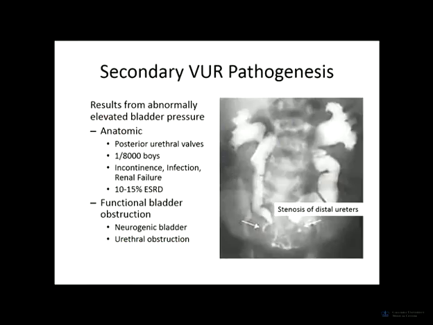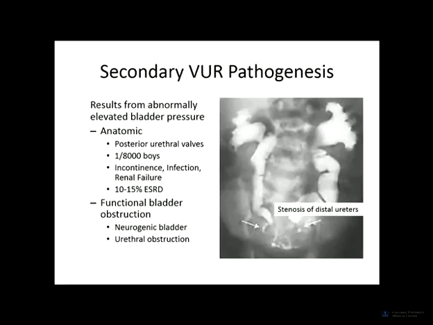This is secondary reflux, and usually this results from an abnormally elevated bladder pressure. So anatomically, in young, usually boys, there's something called posterior urethral valves. And basically there's a tissue remnant, and we don't know what the origin of this tissue is.